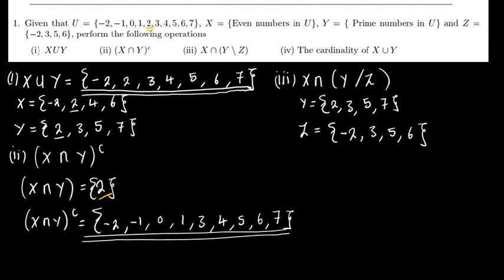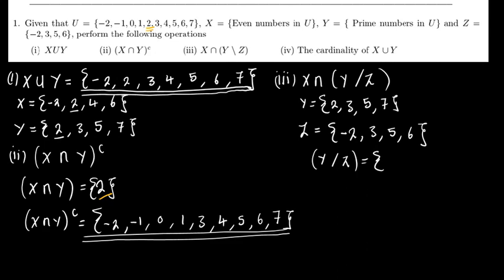Now look at this. We have been told to find Y/Z. What does Y/Z mean? So Y/Z simply means all the members that are in Y which are not in Z. All the members in Y which are not in Z. So let's find those members.